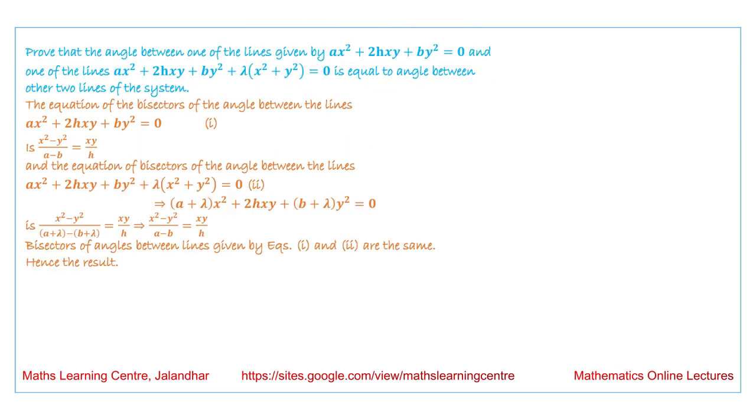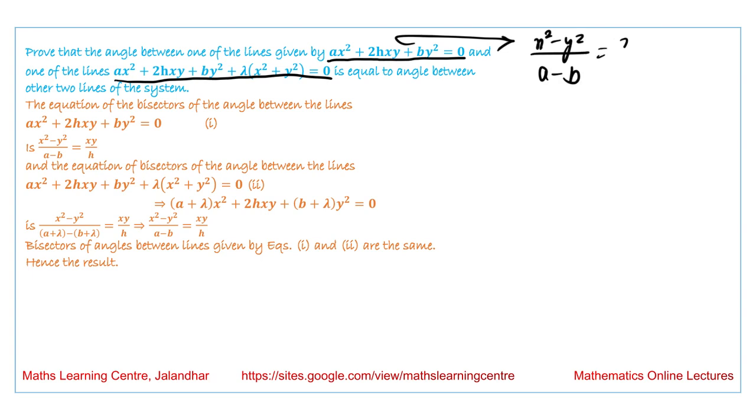Next is prove that the angle between one of the lines given by ax square plus 2hxy plus by square is equal to 0, and one of the lines given by this equation is equal to the angle between the other two lines of the system. So if we talk about this first equation, the angle bisector that we will have, the equation will be x square minus y square over a minus b is equal to xy over h.